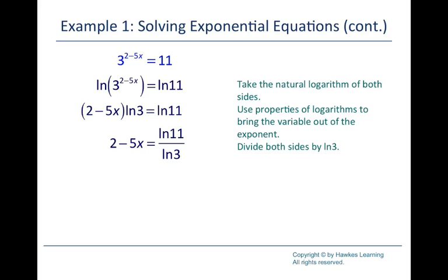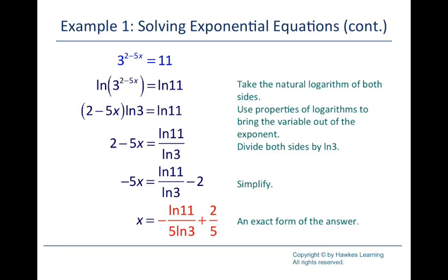Okay? Then you'll subtract 2. Just moving things around like you would typically to solve an equation. And you can do this and get a number. You don't have to leave it like this. You can go ahead and get a number. And then you'll divide by -5 in order to get your final answer.